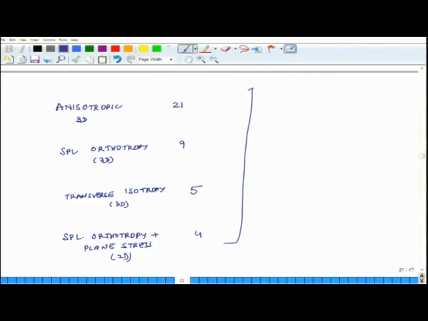So, this is the overall picture, and what we will do next week is continue this discussion.